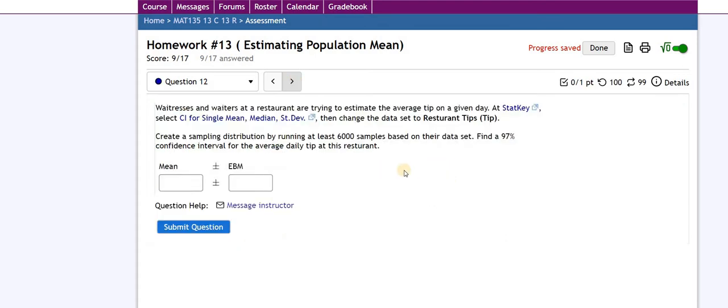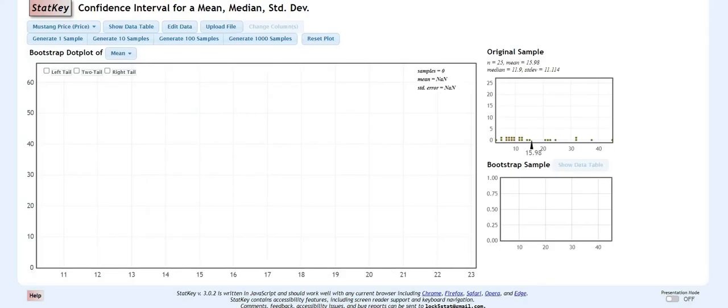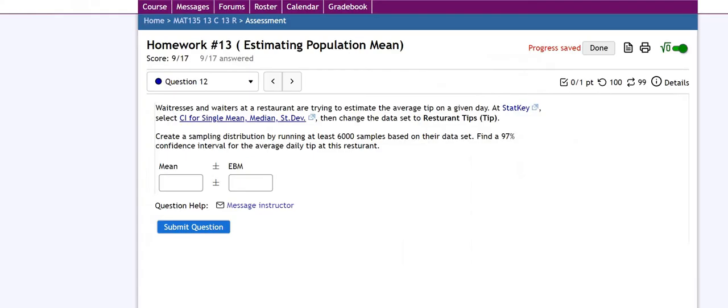For this specific question, you're going to click on the link and follow the instructions. The instructions say waitresses and waiters at a restaurant are trying to estimate the average tip on a given day at StatKey. We're going to click on the link provided, then change the data set to restaurant tips.